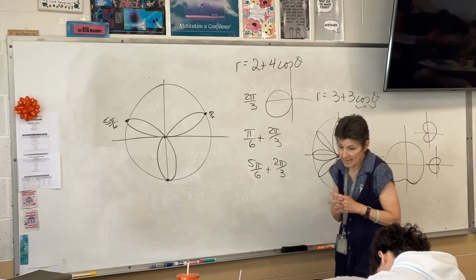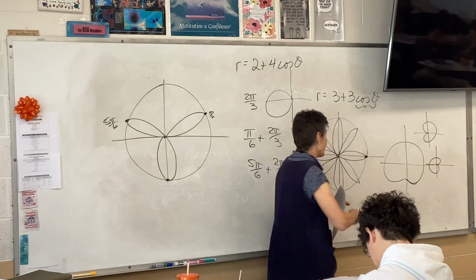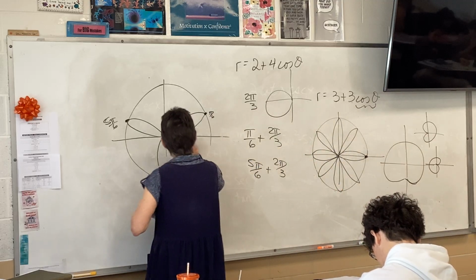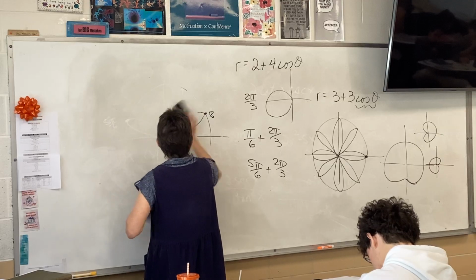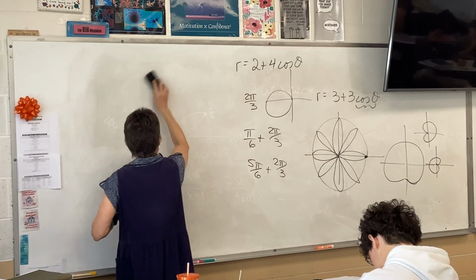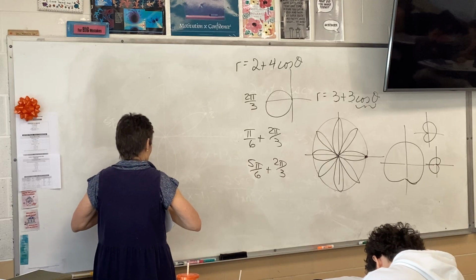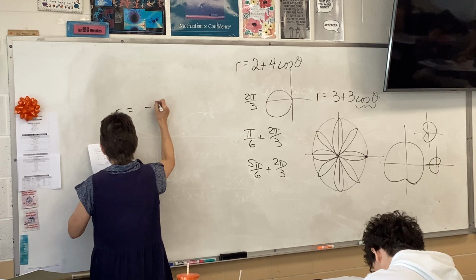Why didn't the negative in number 2, so -2 plus 2 cosine? Now, what do you mean, why didn't it change it to what, Avery? What were you thinking that was gonna look like? Okay, say that again.